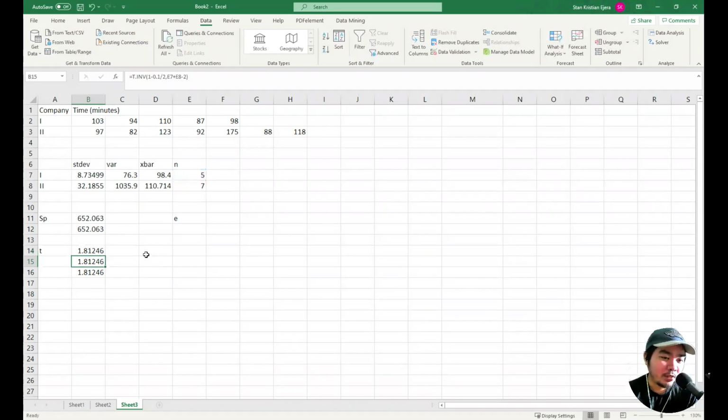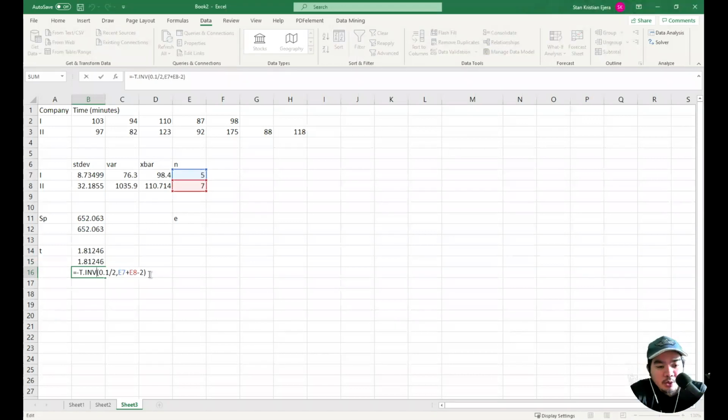Or we do T.INV with the probability 1 minus alpha over 2, which is just 0.95, times the degrees of freedom, again the same degrees of freedom. It gives you the same value. If we want the left tail, it can also be negative T.INV of 0.1 over 2, which gives us this value.